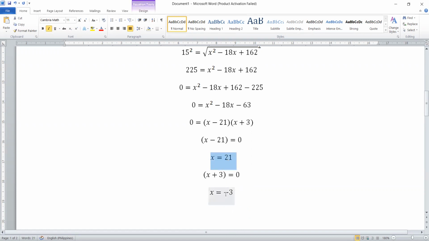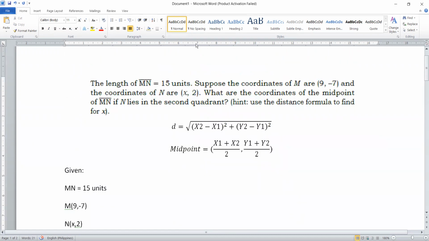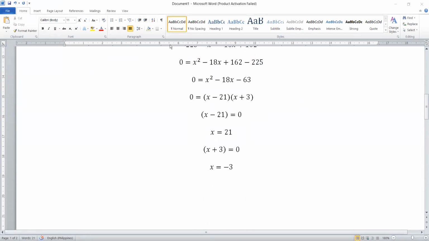So now you have to choose. Is it x is equal to 21 or x is equal to negative 3? So let's look at the problem again. It says here, what are the coordinates of the midpoint of M and N if N lies in the second quadrant? So let's have a short recap. So I'll draw a Cartesian plane here. So that's my y-axis and this is my x-axis.